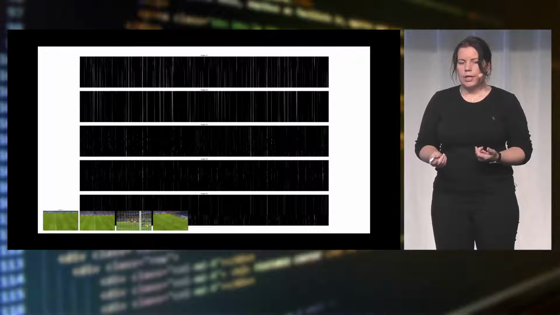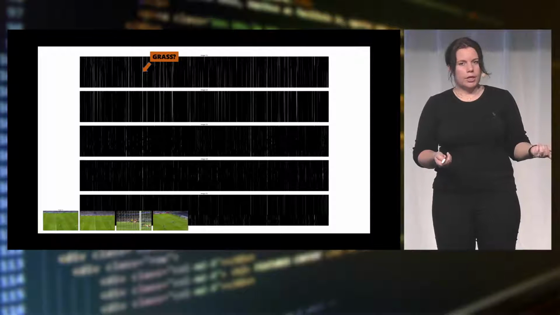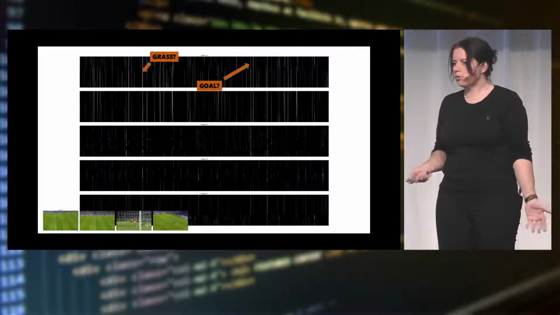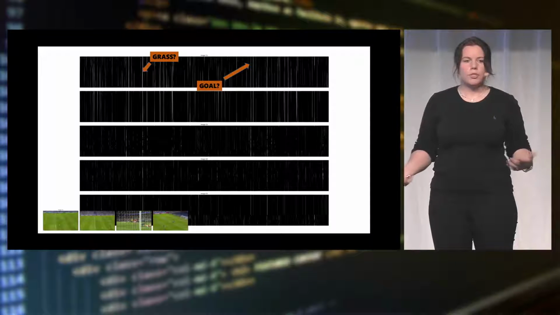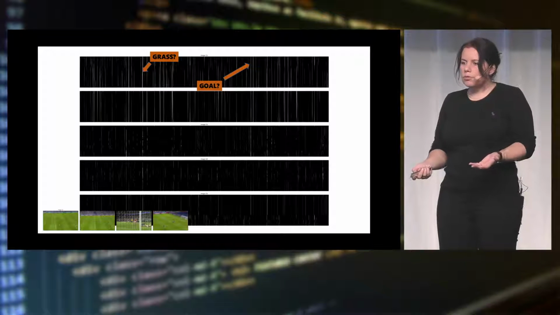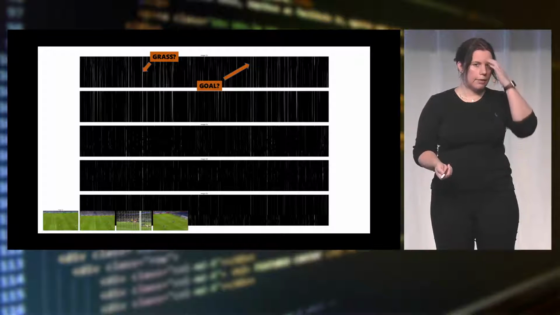So this is now quite interesting because each one of these columns represents a feature. So we might have one that represents grass and one that represents whether or not there is a goal, or one might be representing something completely different. But this is now useful input for a machine learning model.